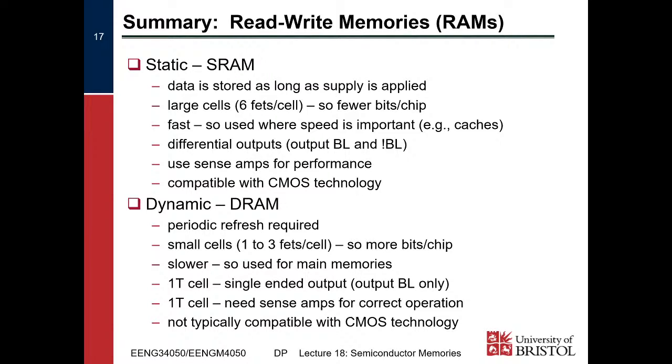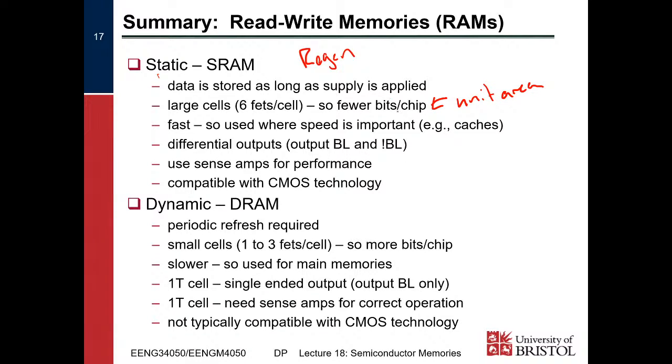So quick summary of read-write memories. We've got static cells, SRAM, so these are regenerative. The data is stored as long as you've got a supply of power. They're relatively large cells. They're not as big as flip-flops, but they are relatively large cells. So you get fewer bits per unit area.